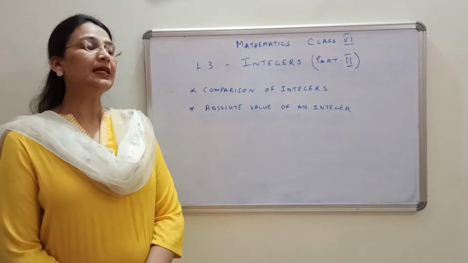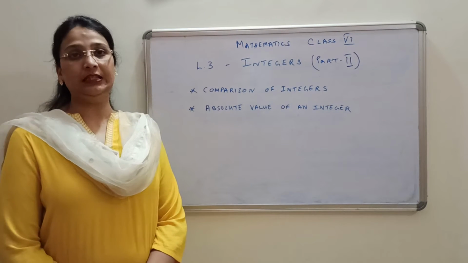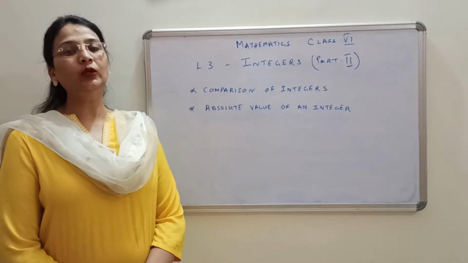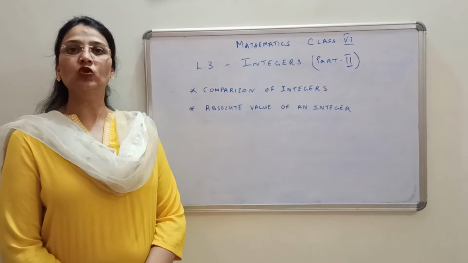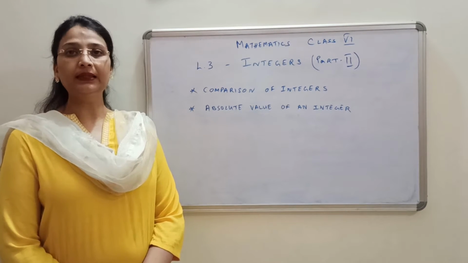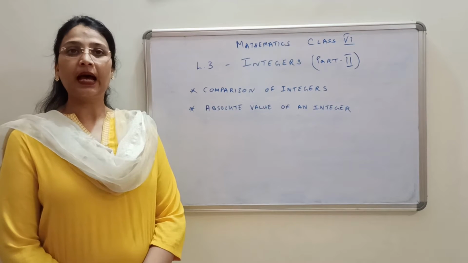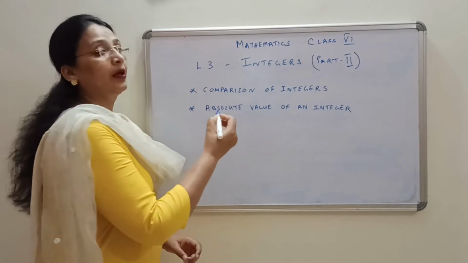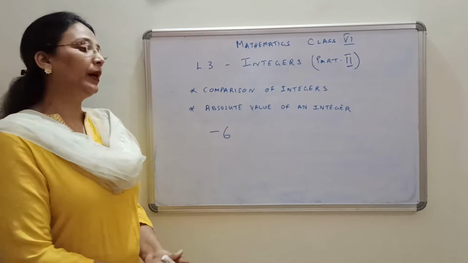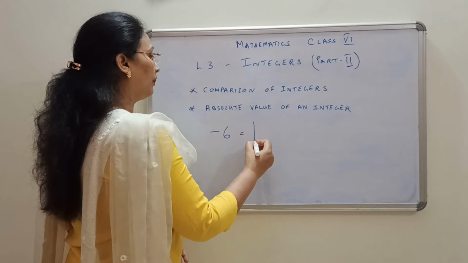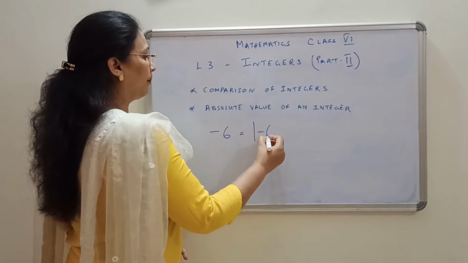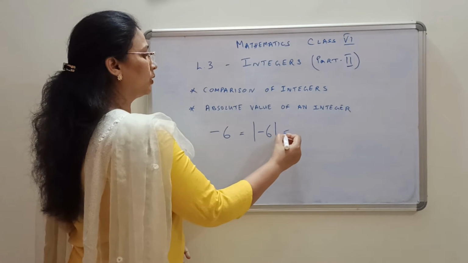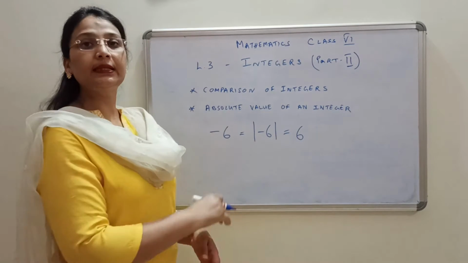The next topic is absolute value of an integer. The absolute value of an integer is its numerical value, regardless of its sign. The absolute value of -6 will be denoted by |-6| = 6.